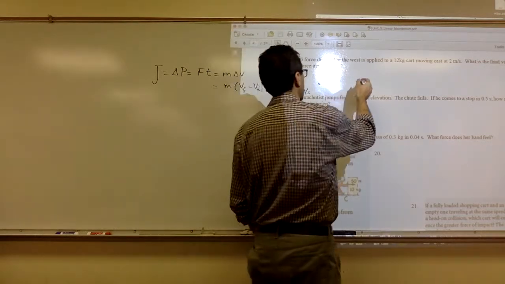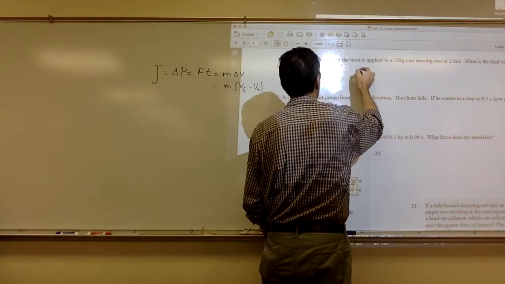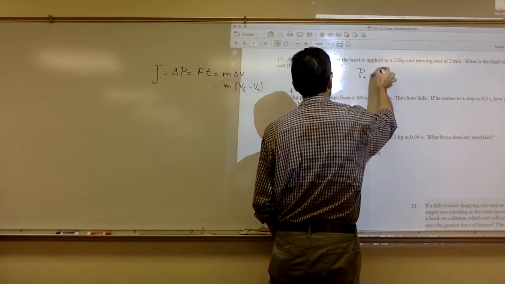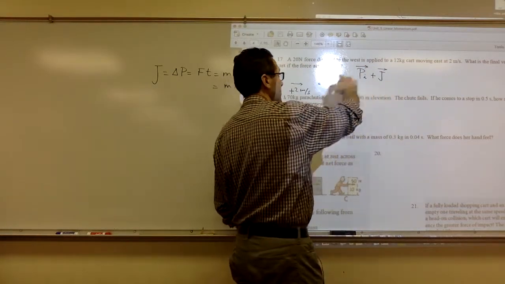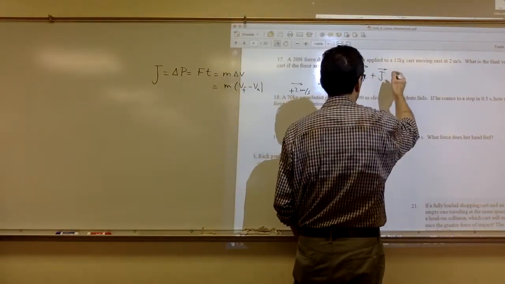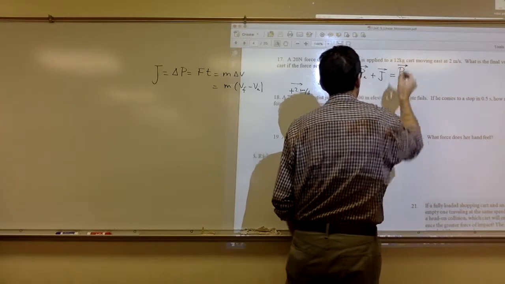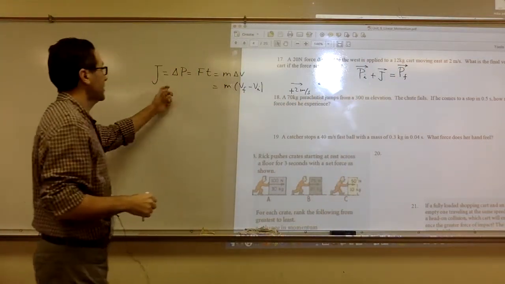All right. So this is what I'm going to try to do. I'm going to say the initial momentum, plus any impulse, and this is a vector quantity, but since this is one-dimensional, we can get rid of the vector symbol, equals final momentum. And that pretty much comes from this first part here.